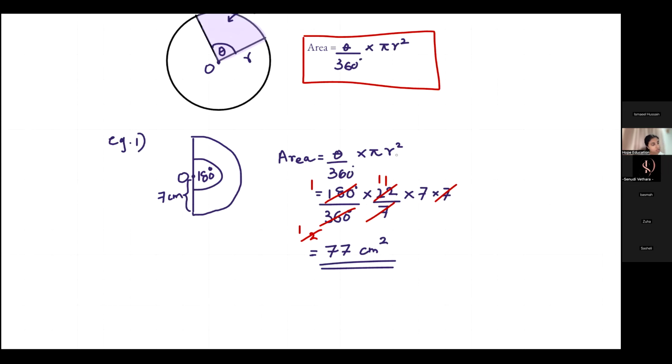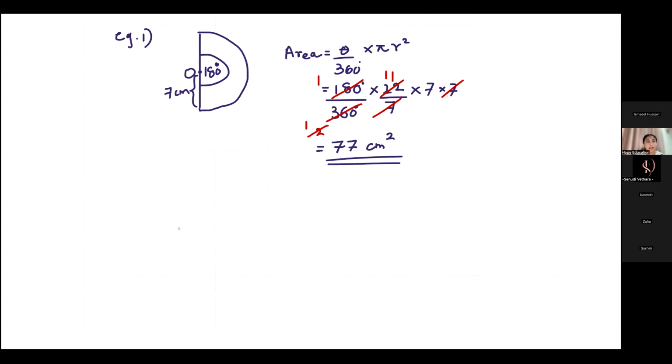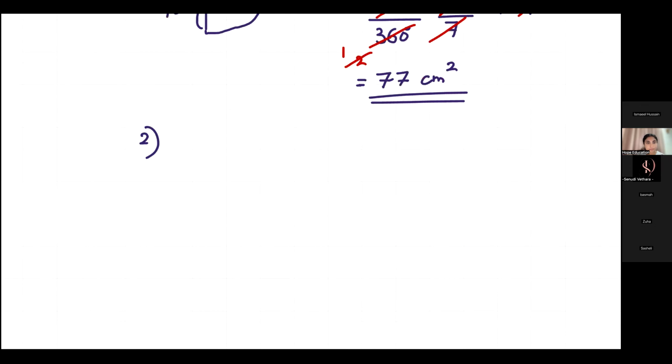Okay. So let's take another example. Here we have a quarter of a circle, and the radius, let's say, is 14 centimeters.